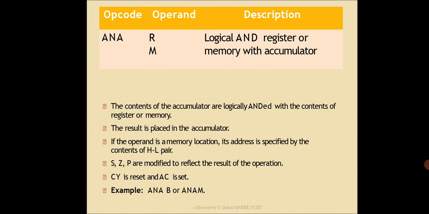Let's see the first instruction, that is ANA. ANA stands for logical AND with accumulator. This is a single byte instruction which carries out logical ANDing of the contents of the operand with the contents of the accumulator, and the result is stored in the accumulator itself.